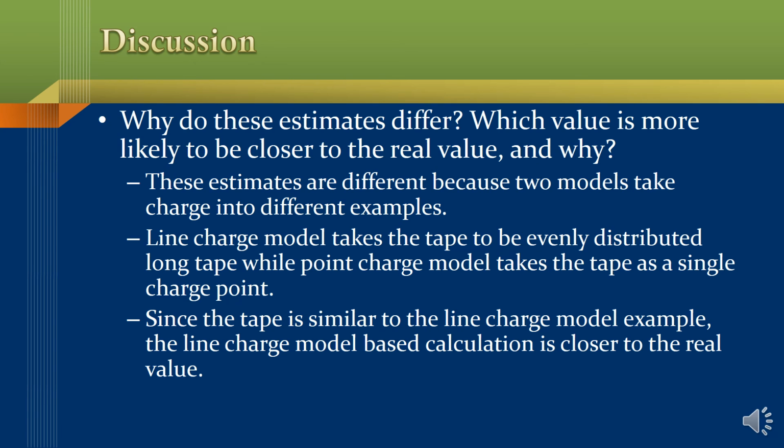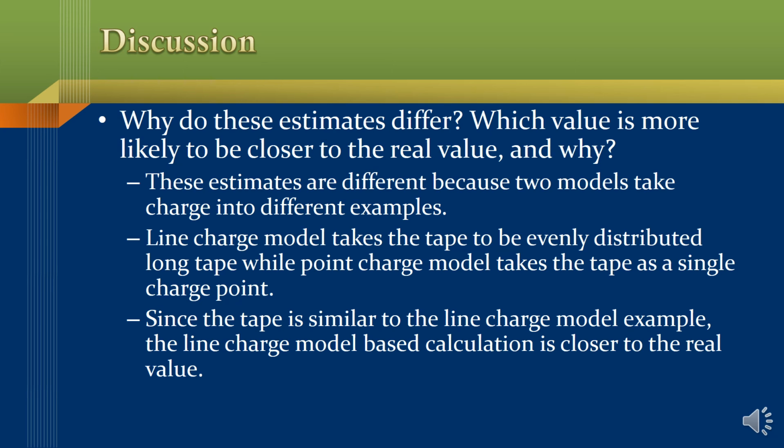When comparing those two calculations from different models, the line charge model takes the charge to be evenly distributed along the tape, while the point charge model takes the tape as a single point of charge. Here we have assumed the tape to have evenly distributed charge, which is more similar to the line charge model assumption.